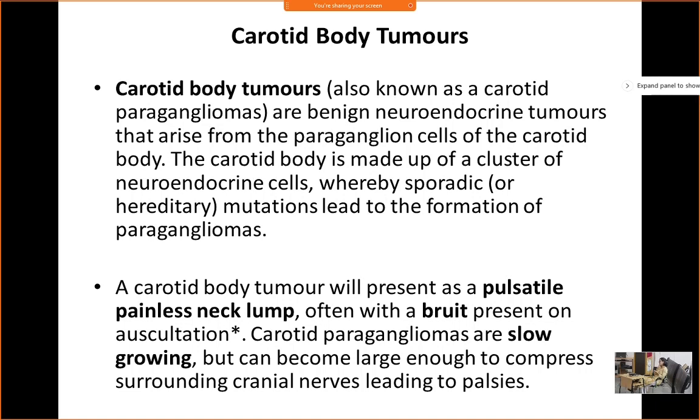From the name itself, you will know that it is a benign neuroendocrine tumor that arises from the paraganglion cells of the carotid body. The carotid body is made up of a cluster of neuroendocrine cells whereby sporadic or sometimes hereditary mutations lead to the formation of paragangliomas.